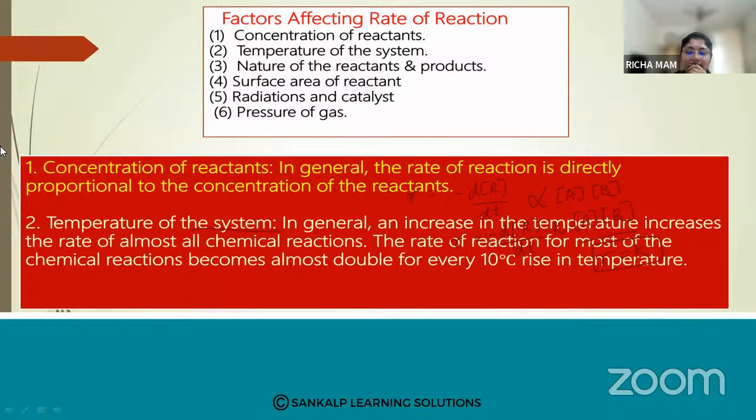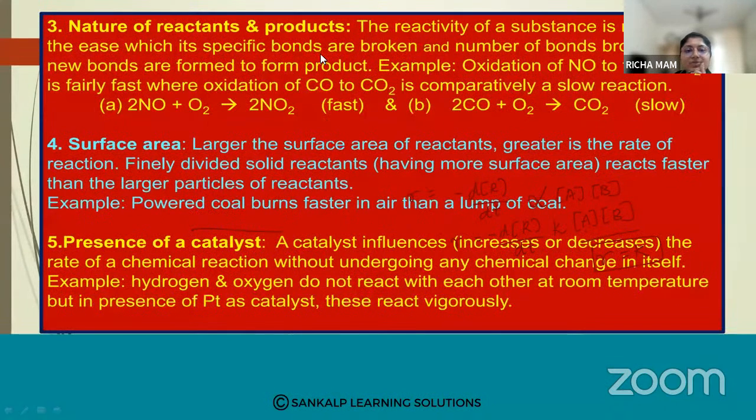So this is with respect to concentration, how it affects. Next is the nature of reactant. The reactivity of a substance is related to the ease with which its specific bonds are broken, and the number of bonds broken and new bonds formed to form the product.